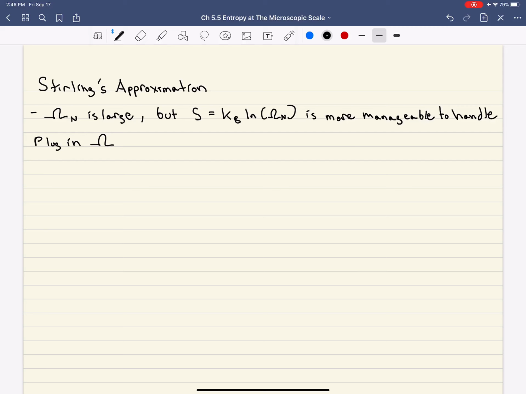From the previous videos, two videos ago, we developed this equation to describe the omega of an ideal gas, V^N U^(3N/2) of a monatomic ideal gas.